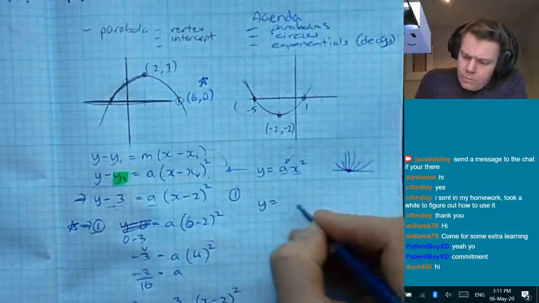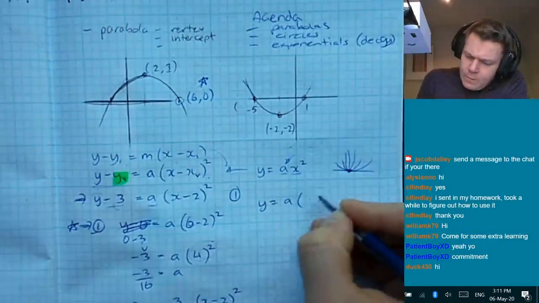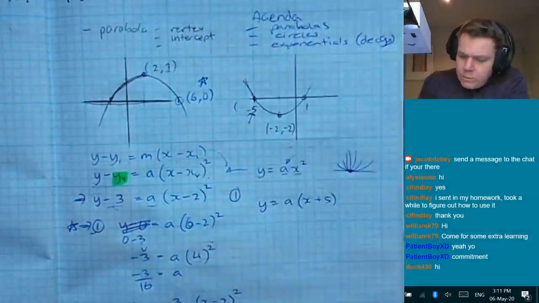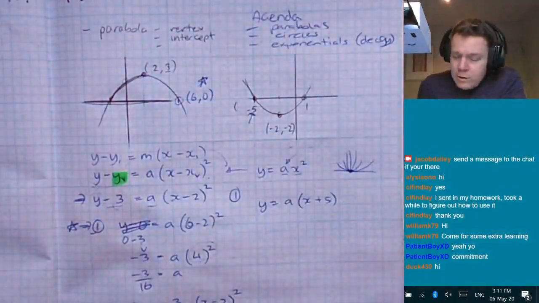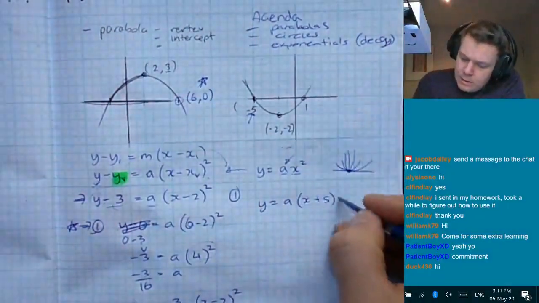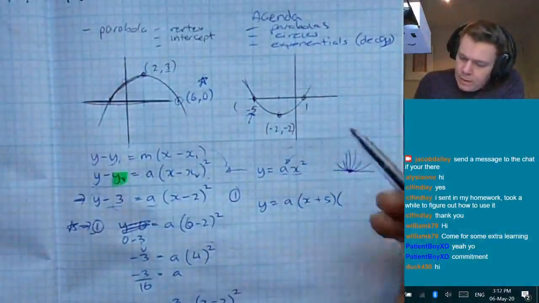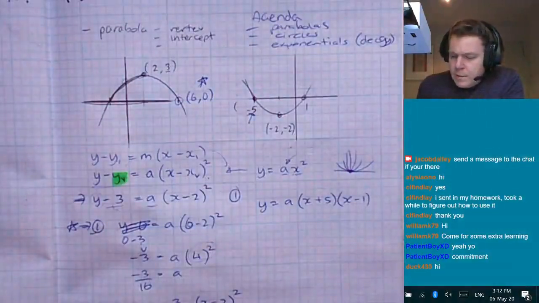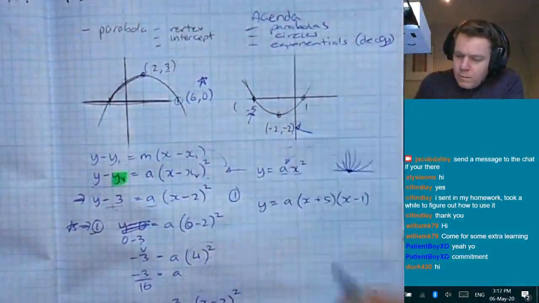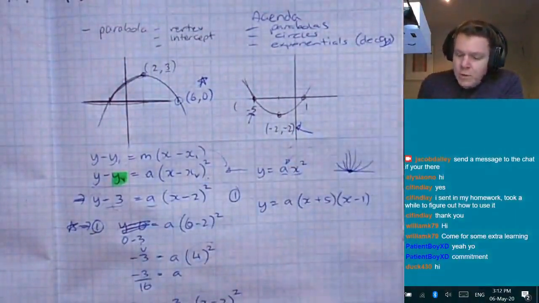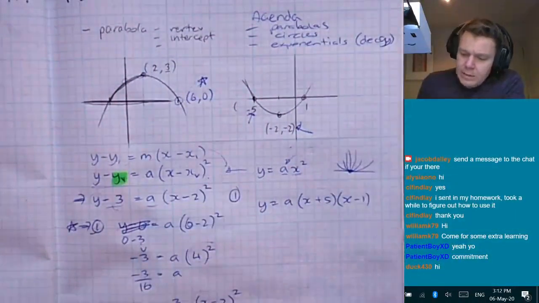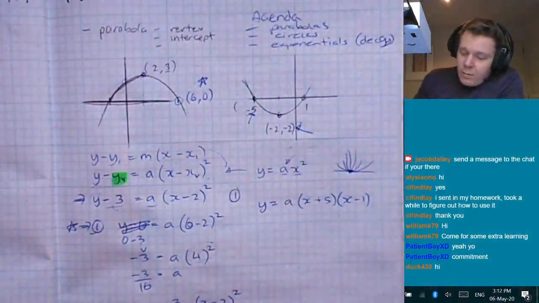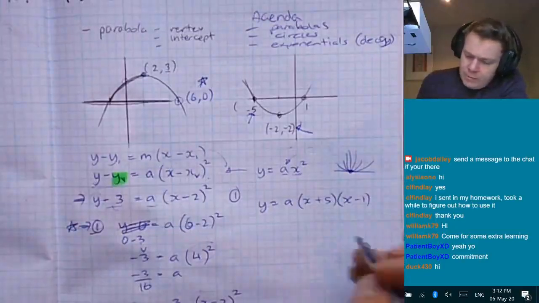So y equals shape factor x plus 5, that corresponds to that coordinate where it crosses the x-axis, and x minus 1 over the other side. And we've got another given point, which is the vertex this time. So you can use your vertex point if it goes directly through a grid point as a known point to help find your shape factor.